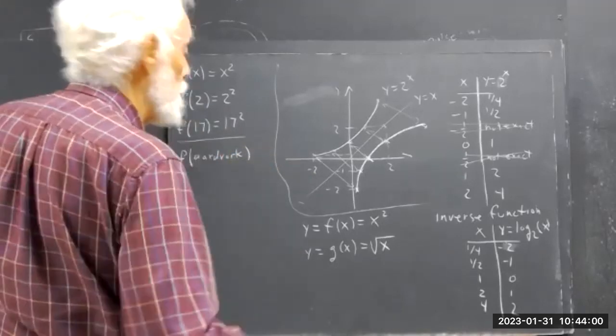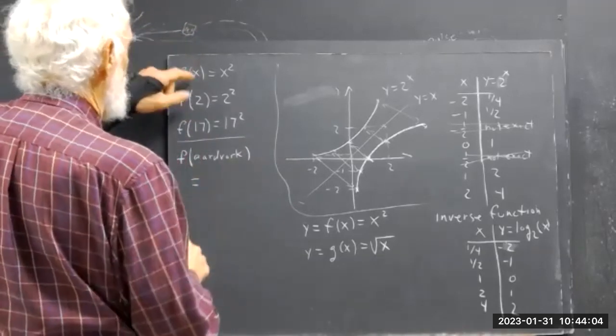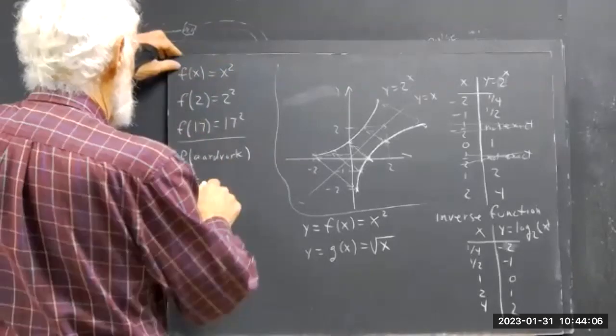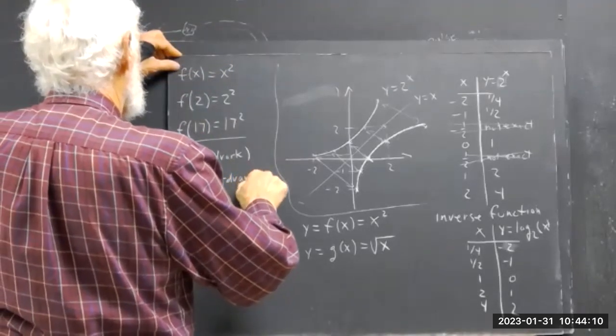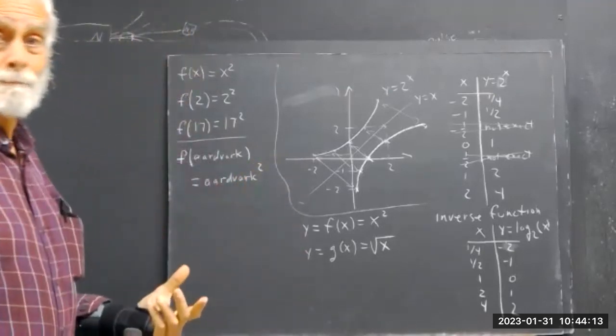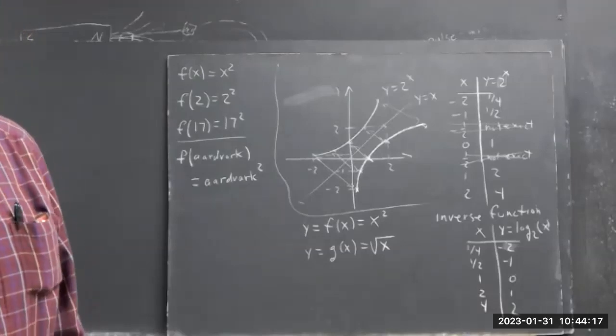What's f of aardvark? Well, now x is aardvark, so x squared would be aardvark squared, obviously. Now, you don't know what the word aardvark squared means.